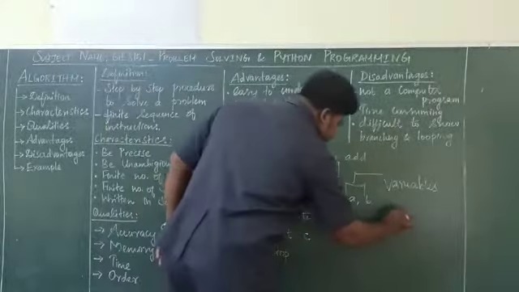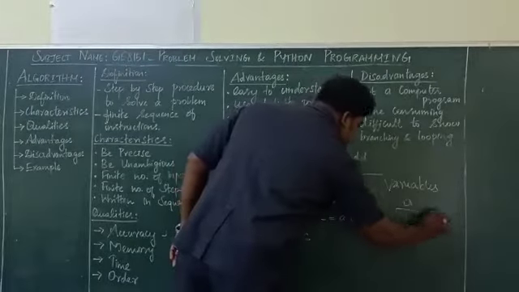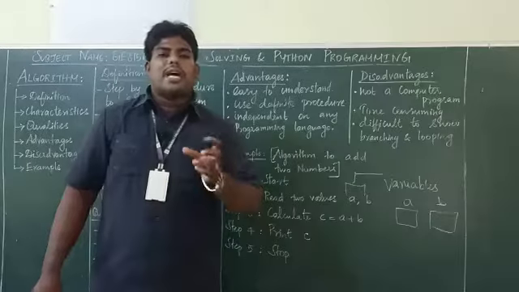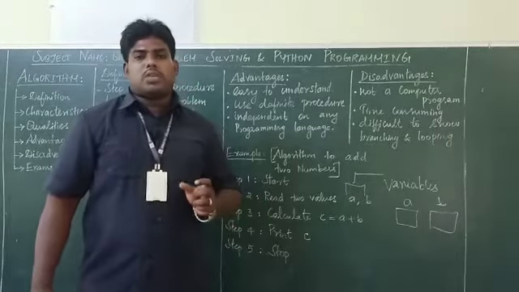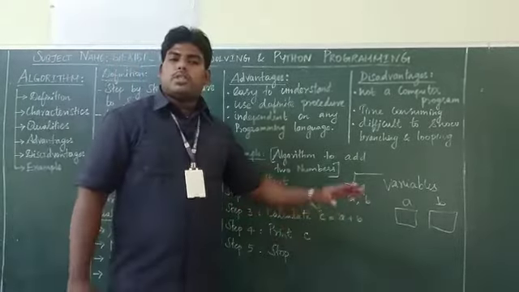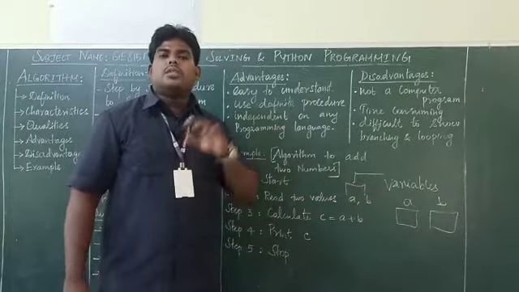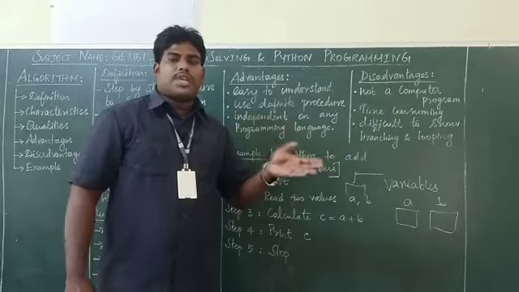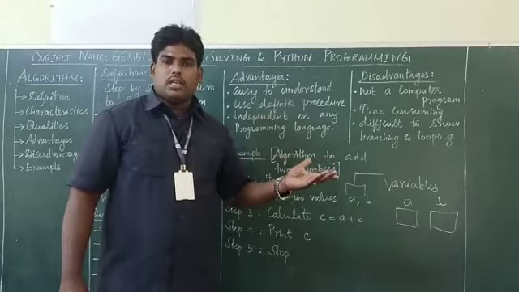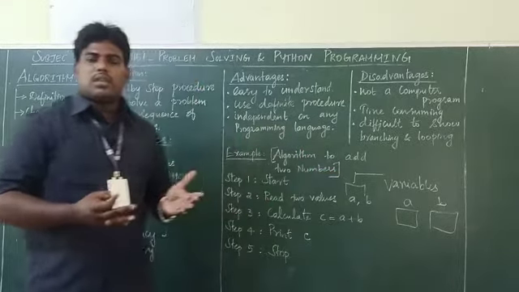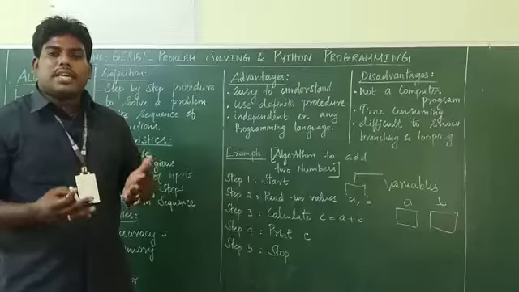Variables are nothing but used to store the values. In any programming language, we can't store the numbers or values directly. We can't store 10 or 15 in the programming language directly. For storing the numbers, we need variables.